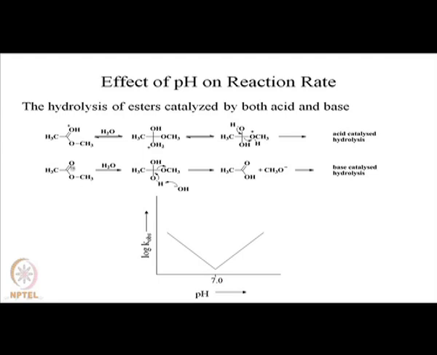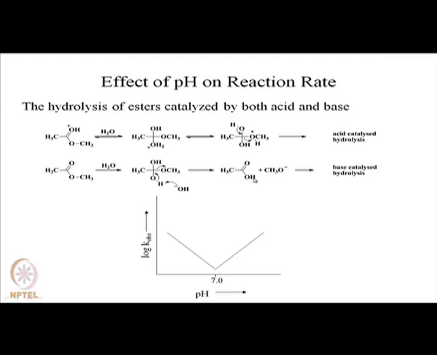You start with CH3COOCH3 and water, in the presence of a base. In the presence of water, this tetrahedral intermediate is formed, and then OH minus attacks, and this one is expelled as OCH3 minus. Then it is CH3COOH.